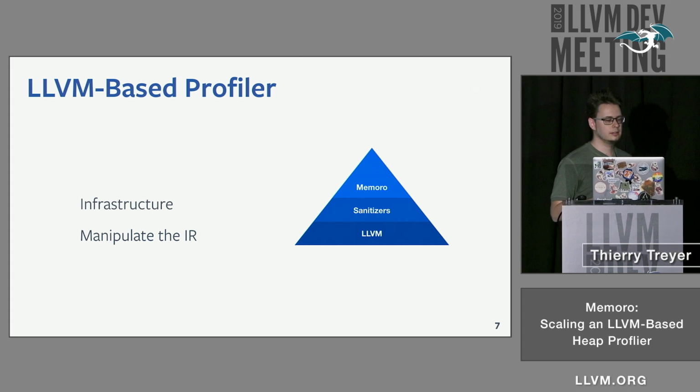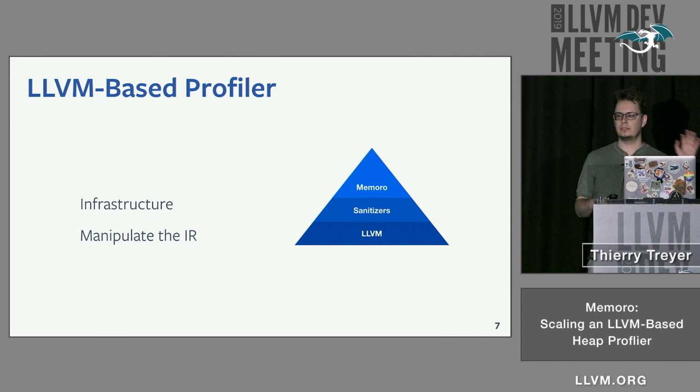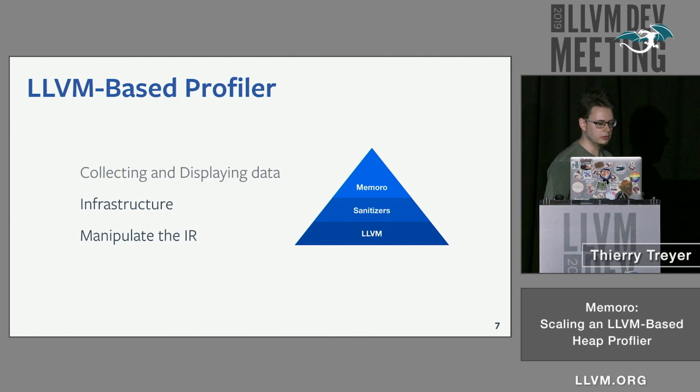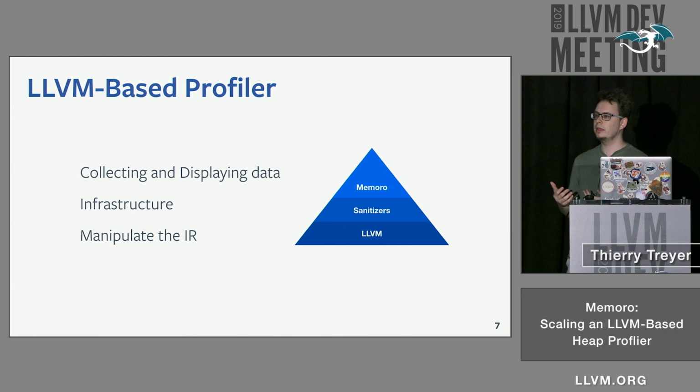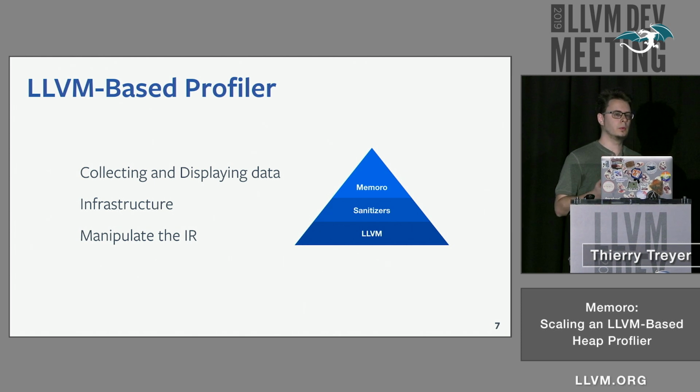The reason is that this allows us to, for instance, collect stack traces, do symbolization, or even handle allocations. And all of this is already provided by the sanitizer infrastructure. And this allows us to really focus on just collecting data and displaying it in a meaningful way, and really giving the user insight on what is going wrong in their application.